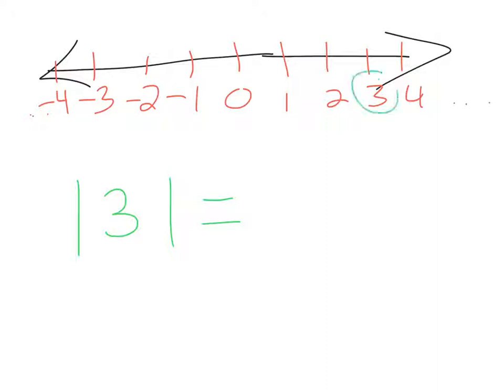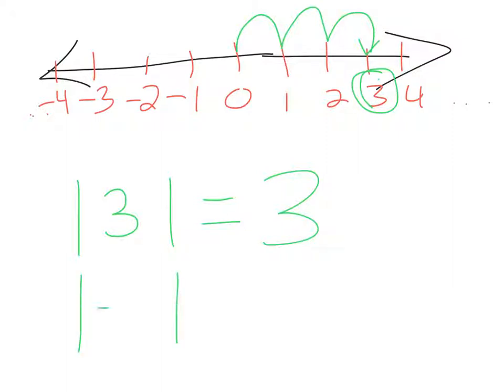And again, I had said that means the distance from 0 on the number line. Well, here's 3 on our number line. So what I mean by distance is how many spaces away is 3 from that 0. Well, if we count, 0 to 1 would be 1, to 2 is 2, and to 3 would be 3 spaces away. So my answer here is then 3. The absolute value of positive 3 is just 3. If I asked for the same scenario, but this time I'm asking for the absolute value of negative 3.